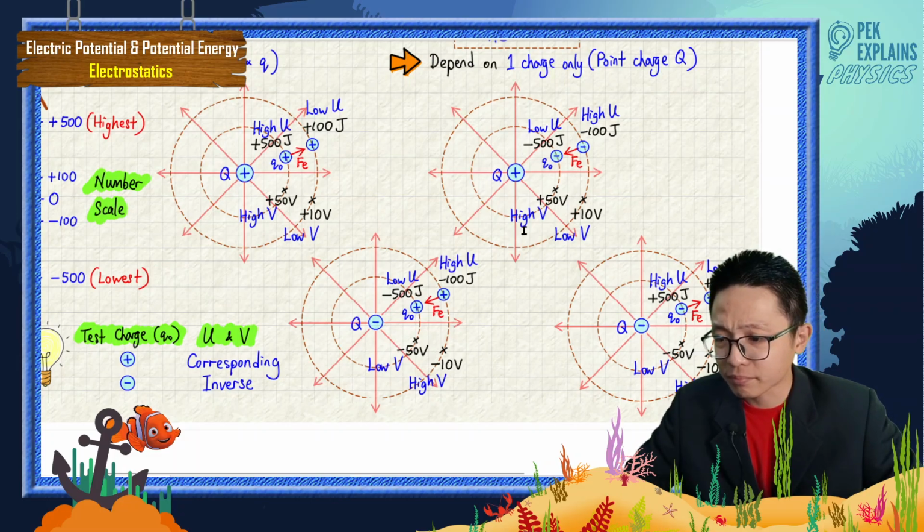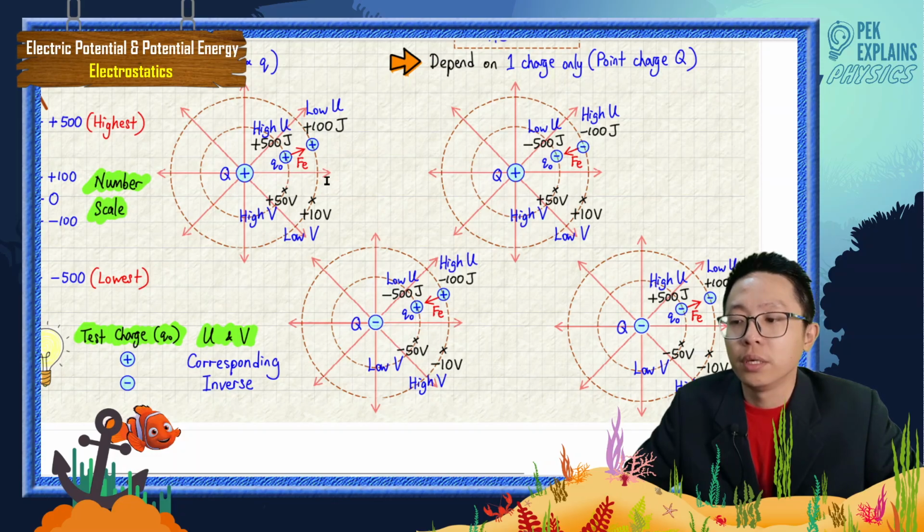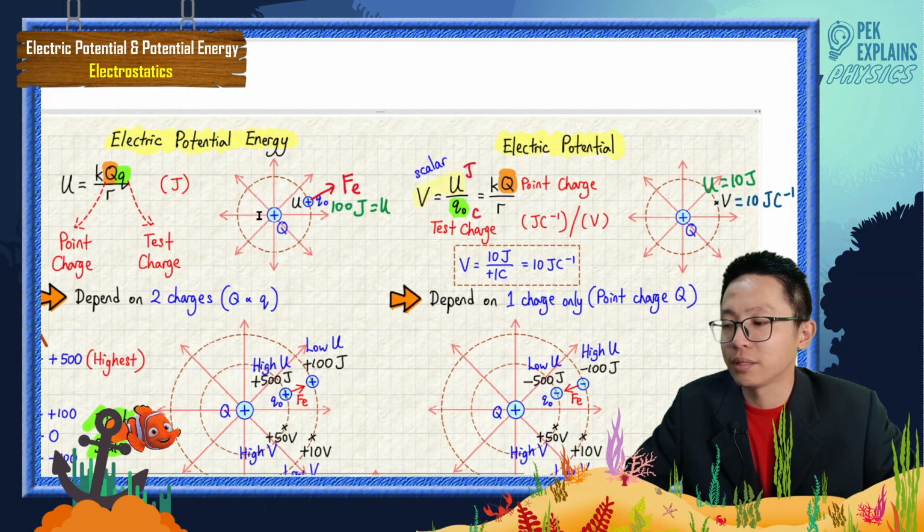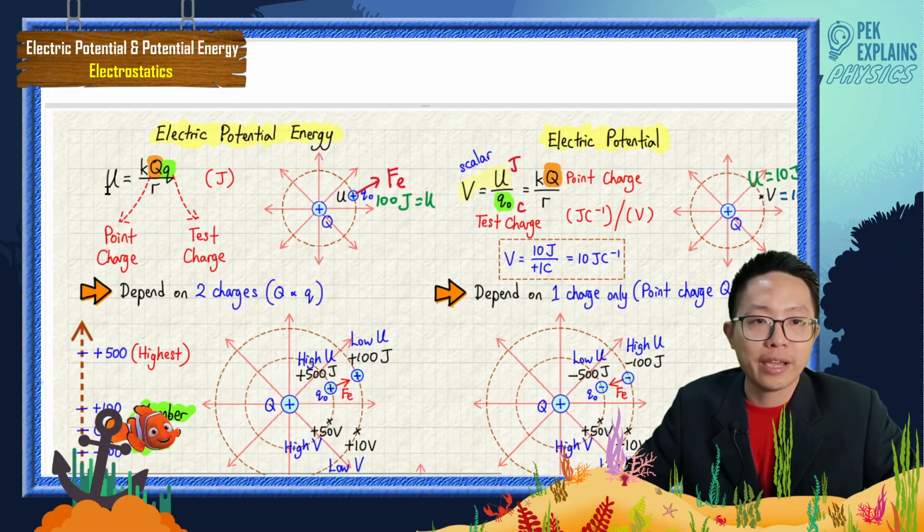Why are the potential energy and potential bigger in value when nearer the point charge, but smaller in value when further away from the point charge? The same for all the others. You see, 500, 500, 500 when nearer to the point charge. Why is that? Because potential energy and potential, both of them are inversely proportional to the distance. Do you see that?